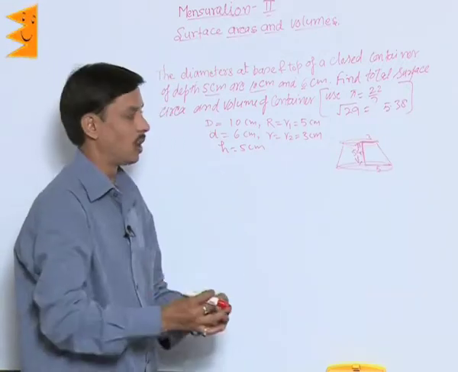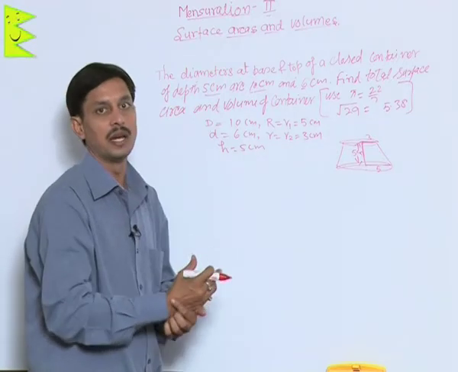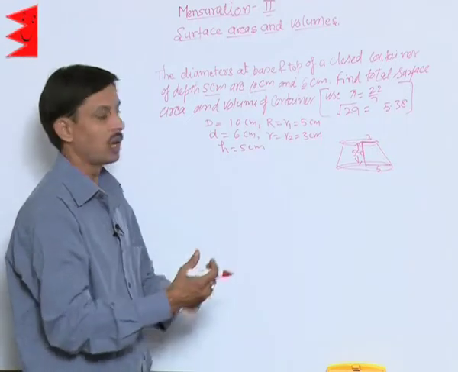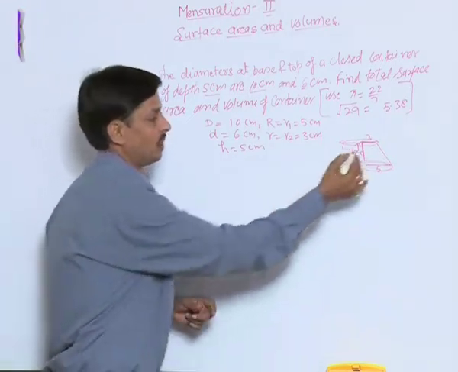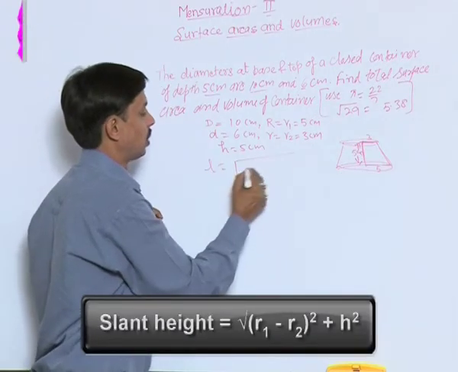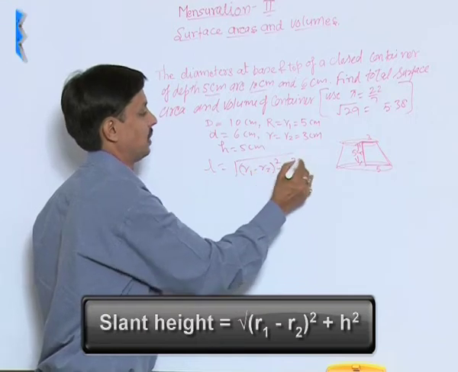Whenever we want to calculate the surface area, curved, lateral, or total, we need to calculate the slant height, this one. The formula for slant height is under root of (R1 minus R2) whole square plus h square.